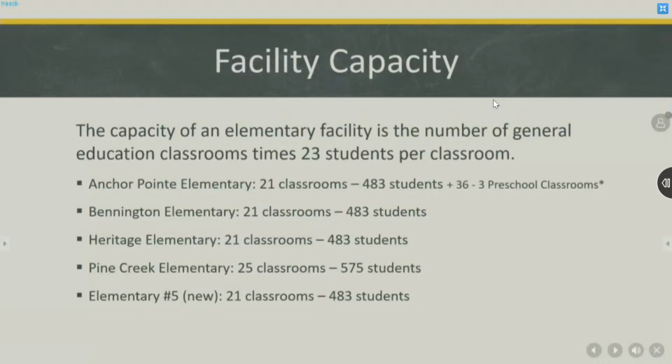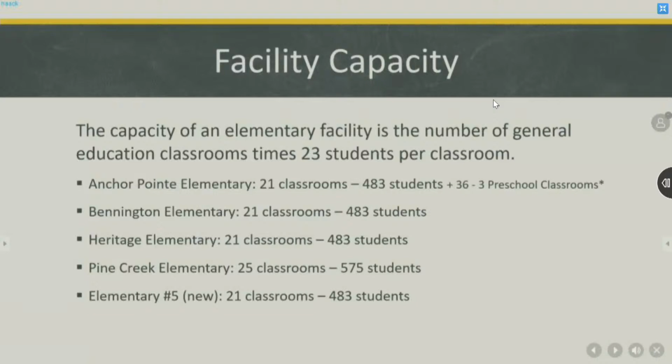Now you're saying to yourself, well, that's not true, because I've had classrooms of 25 with my kid, and I've had classrooms of 17. An average of around 21. We look at it for 23. So capacity in a building is 23 students per classroom.